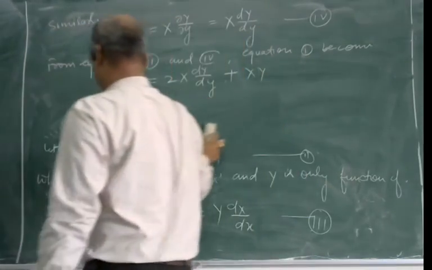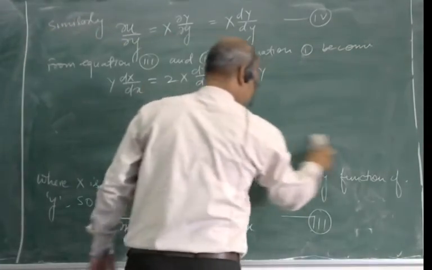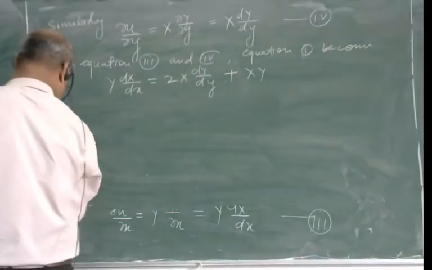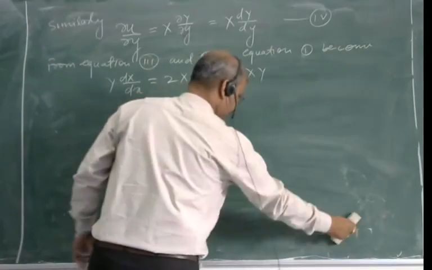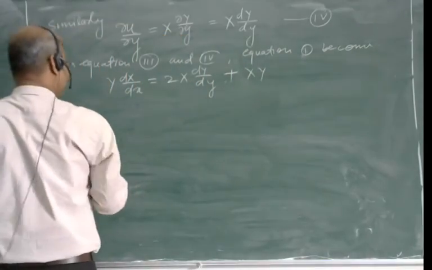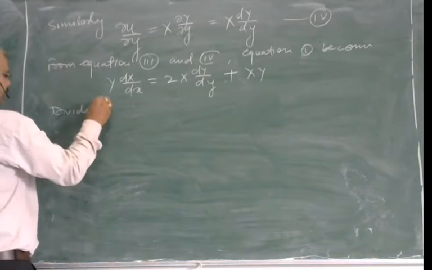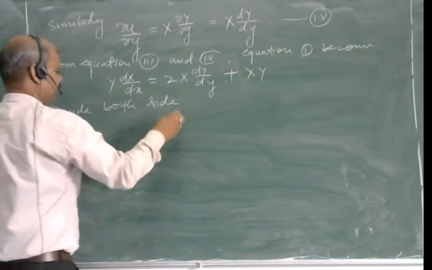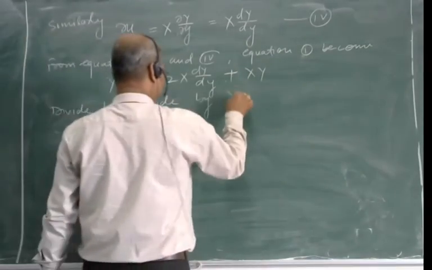So now, to get the equation in variable separable form, we will divide both sides by XY.